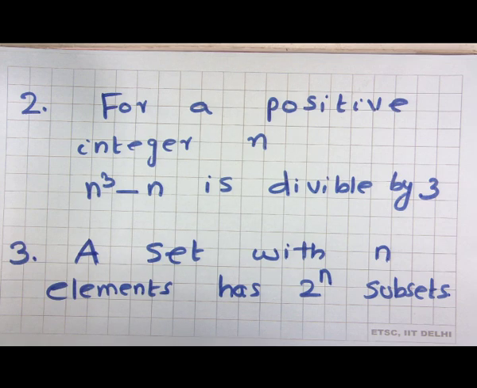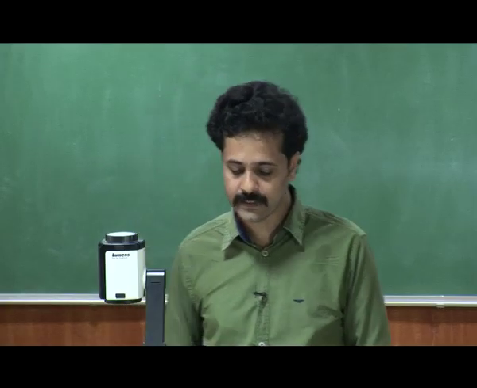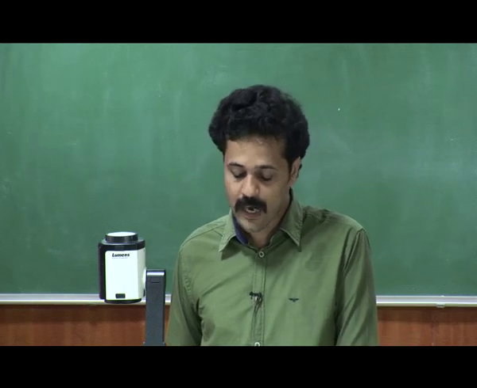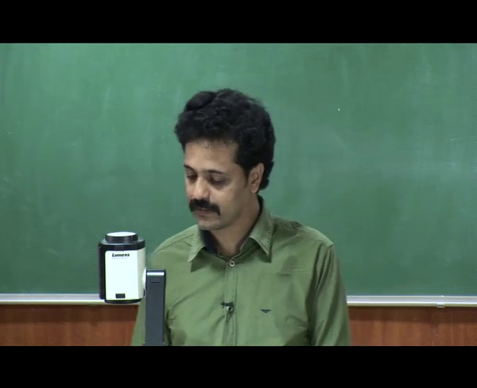Again, you have an example of a statement involving natural number n, and we wish to prove this for any n where n belongs to capital N, the set of natural numbers. Maybe there are many proof techniques. However, in this example also we can use mathematical induction.